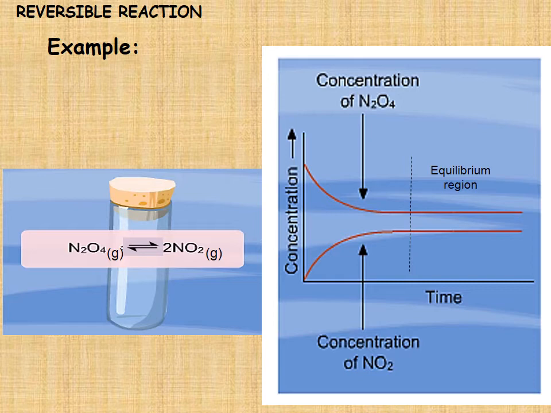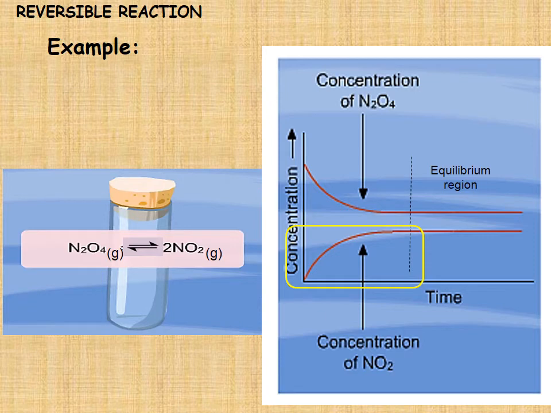Taking the dissociation of dinitrogen tetroxide to nitrogen dioxide as an example. Initially, there is only dinitrogen tetroxide. As the reaction proceeds, the concentration of nitrogen dioxide increases.